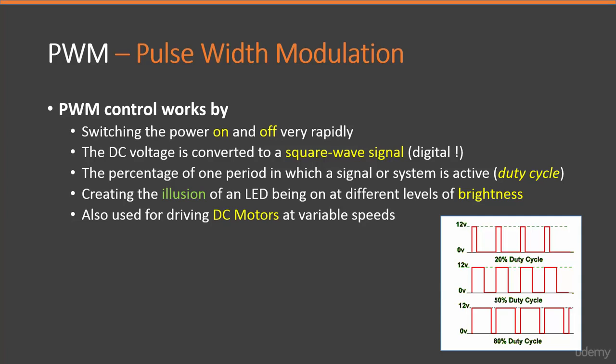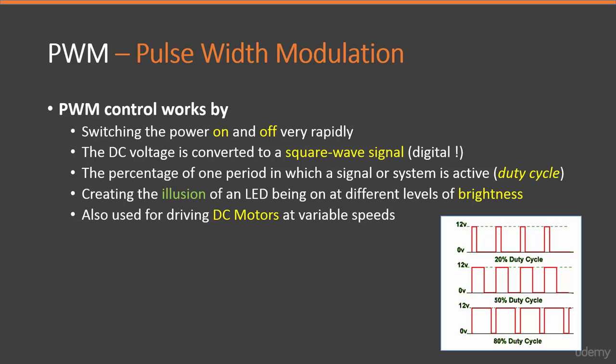PWM can be used to create the illusion of an LED being at a different level of brightness by turning the LED on and off very rapidly, at around 500 cycles per second.